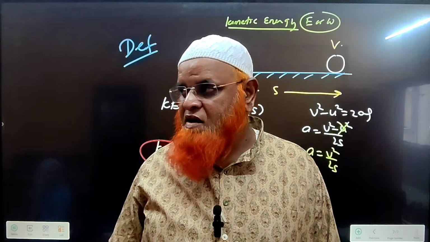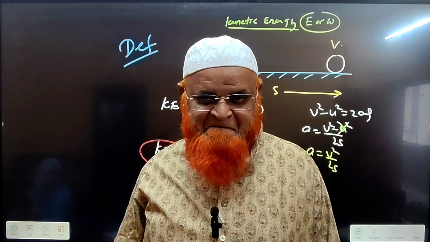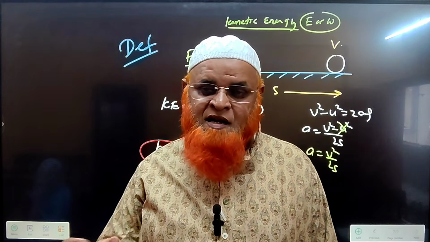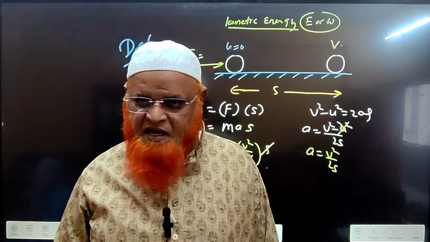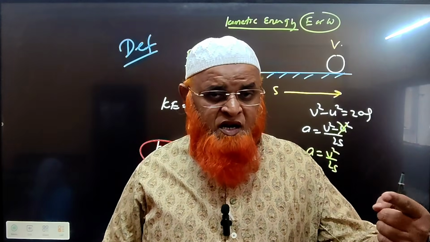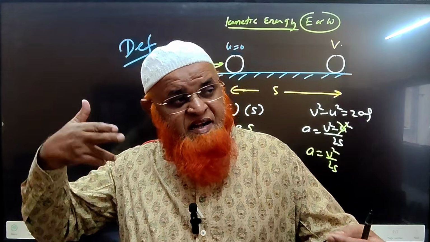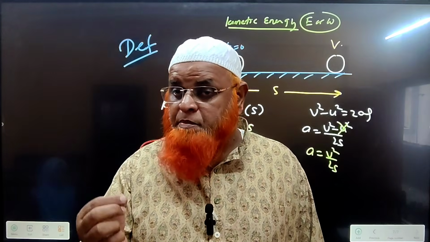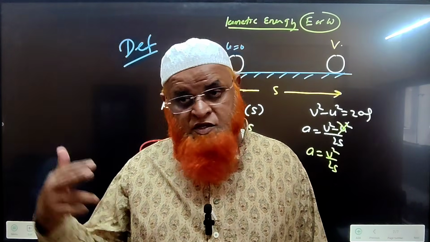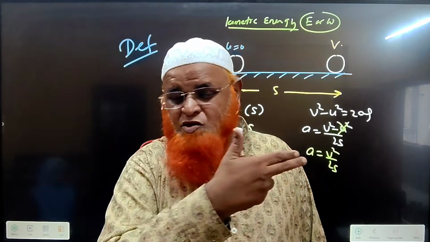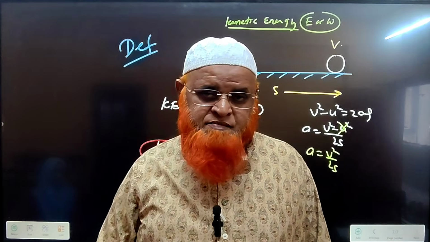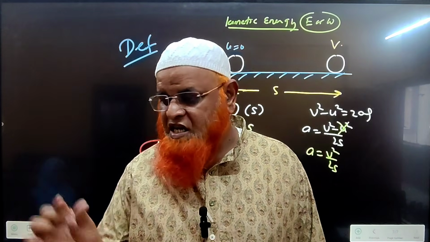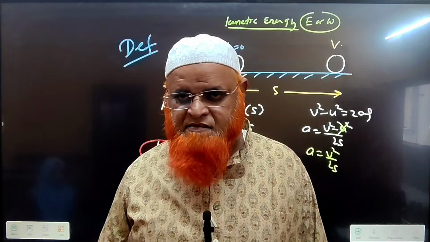The lion is thinking, what is this fellow doing to me? If you throw a bullet, how will the lion die? No, no. That bullet should be fixed inside the gun and it has to come with high speed, 300 meters per second. If it comes at that speed and enters the body of a lion, then the lion will die.